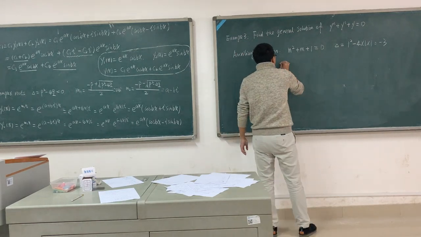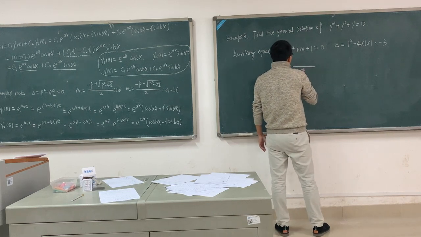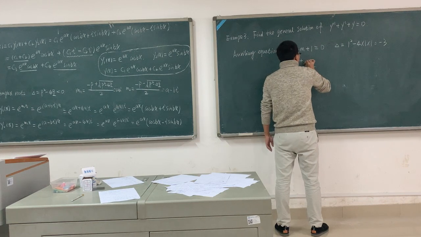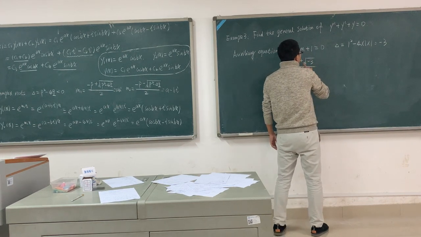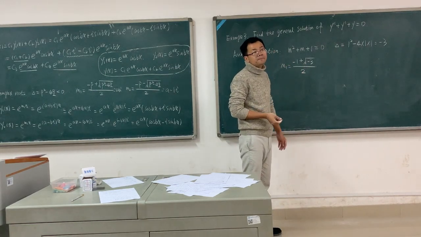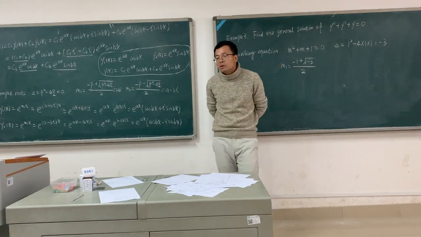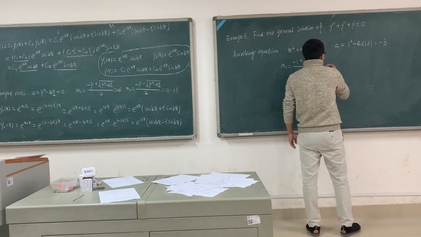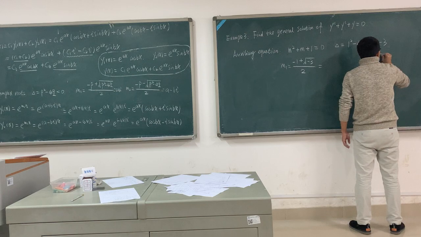So here we can obtain m1 equal to minus b plus the square root of delta, over 2a. The square root of delta is the square root of minus 3. The square root of minus 3 is equal to the square root 3 times the square root of minus 1.